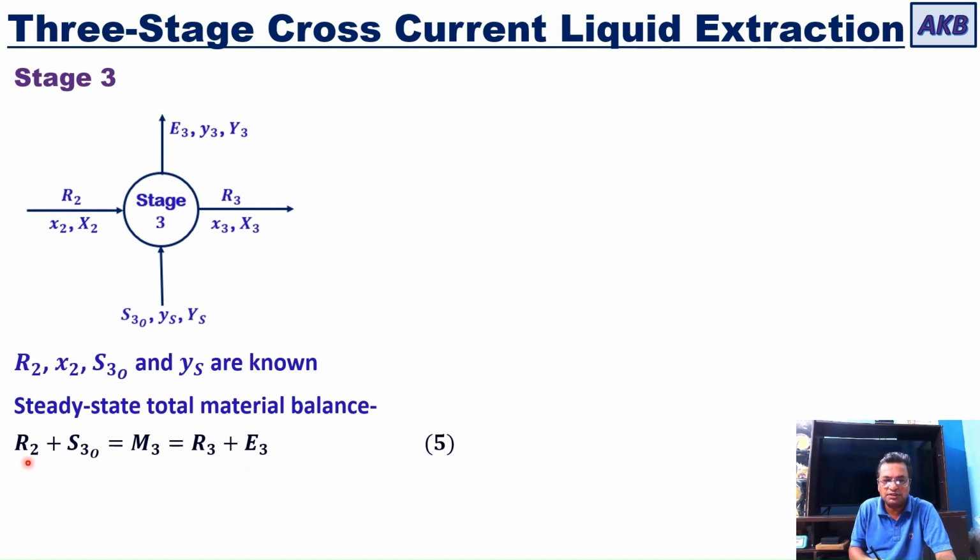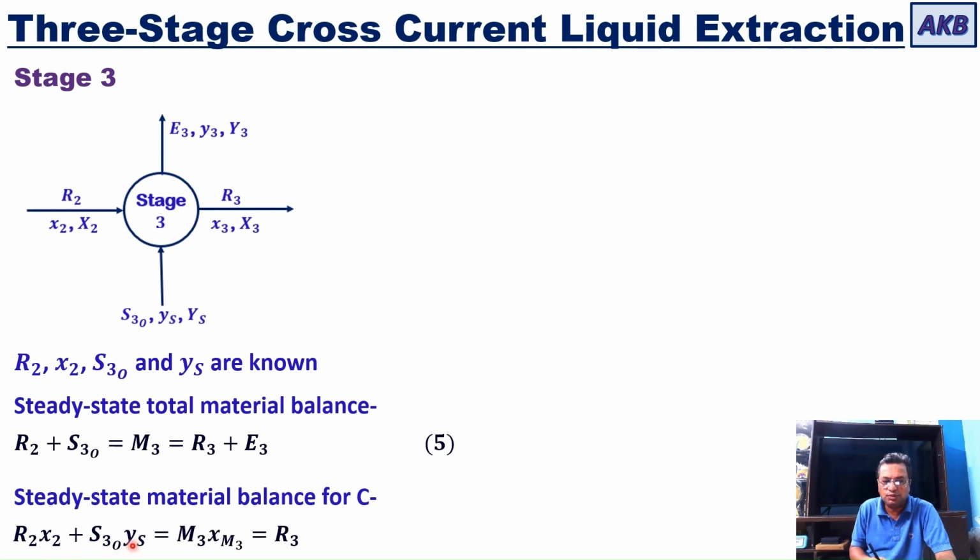So the equation is R2 plus S30 is equal to M3, that is equal to R3 plus E3. Then if you write steady state material balance for C, it will be written as R2 into X2 plus S30 into Ys plus M3 into XM3, that is equal to R3X3 plus E3Y3, and I am calling this equation number 6.